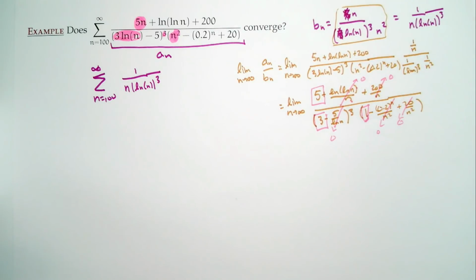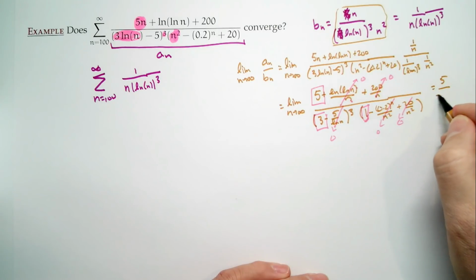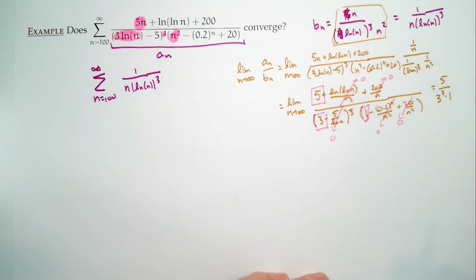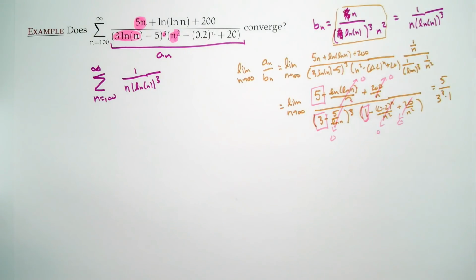And what's left is the things that came from our fast terms. Namely, we get 5 over 3 cubed times 1. Now, I don't care what that value is. This is not the ratio test, it's not the root test. All I care about is that it's a limit that exists and it's not 0.